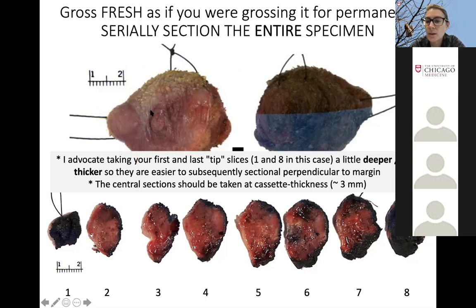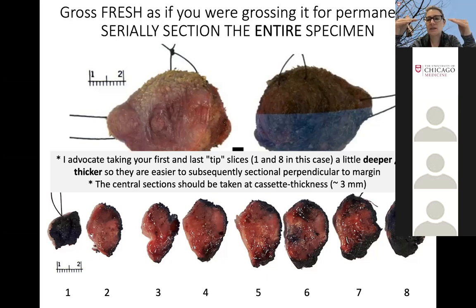Do you care if, because you took a thick tip section, you have to split your tip margin or your tips into multiple cassettes? Yeah, good question. In the end, when you're going to be cassetting these, for actual skin or mucosal slices, we essentially advocate 1 slice per cassette, for embedding and cutting reasons.